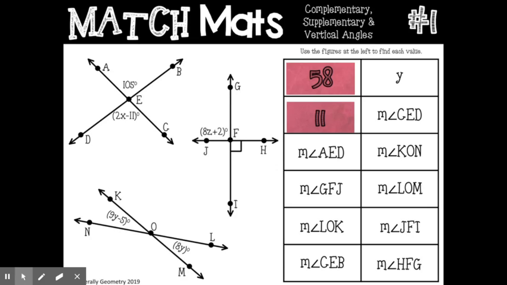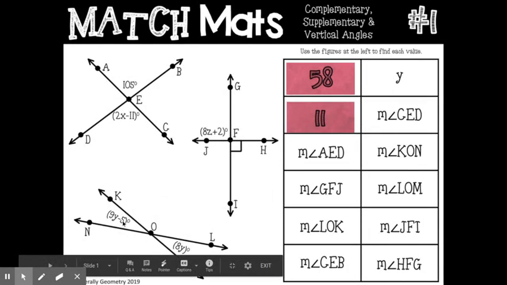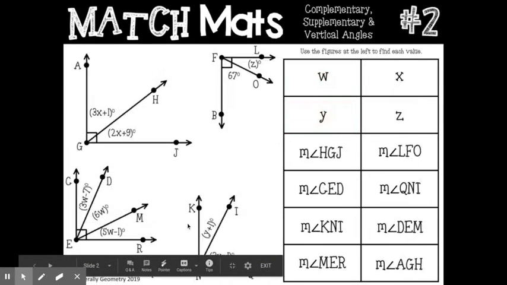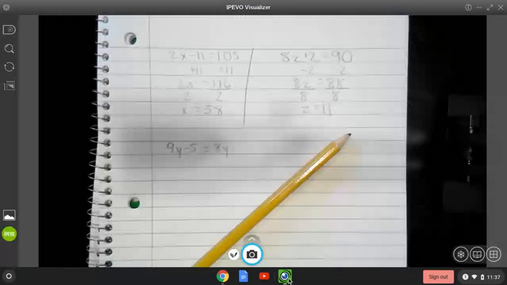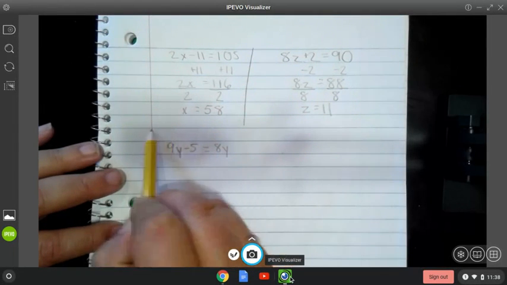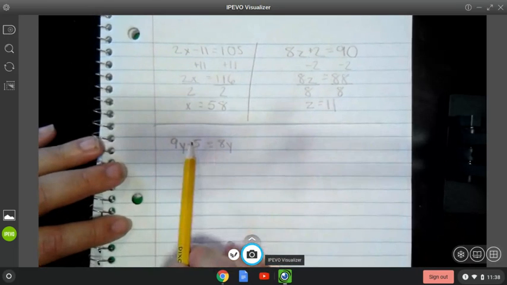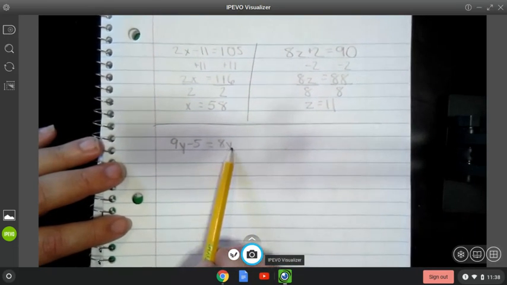And we know this because the two parts are equal, or congruent. They're going to be the same number. So 9y minus 5 is equal to 8y. So let's solve.